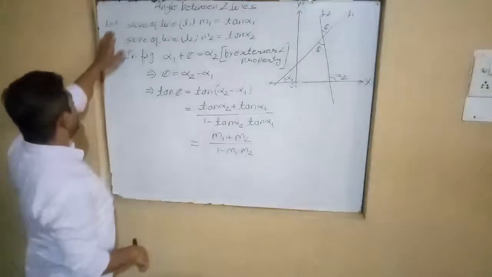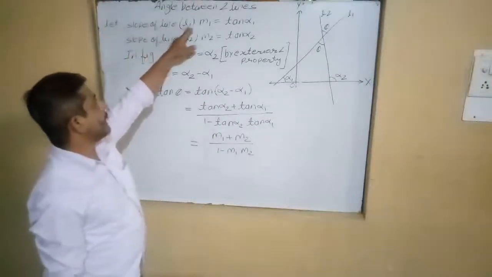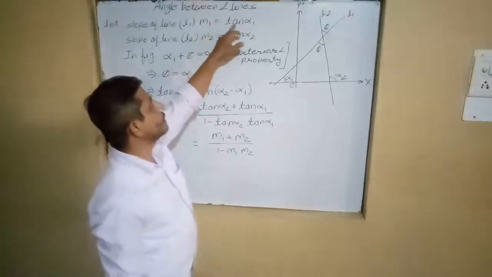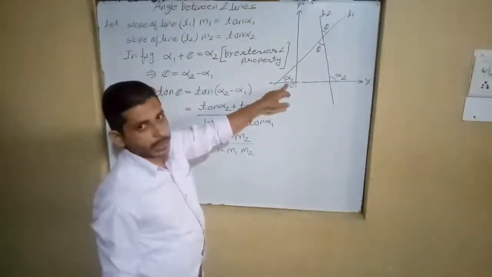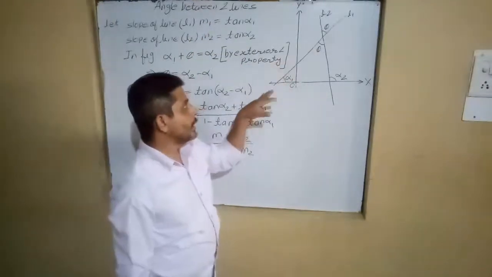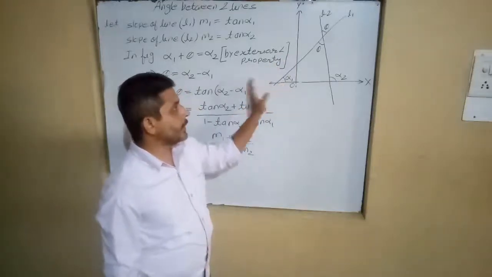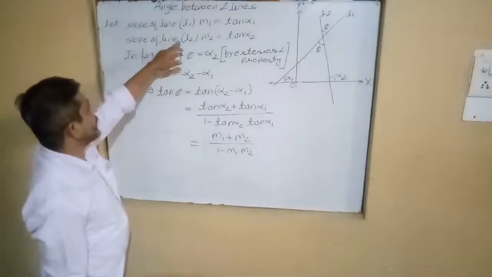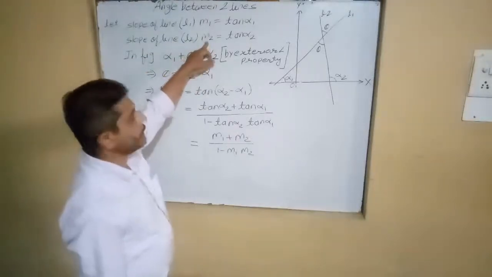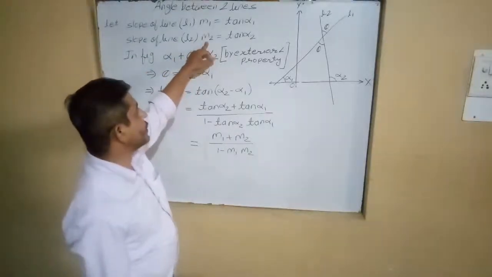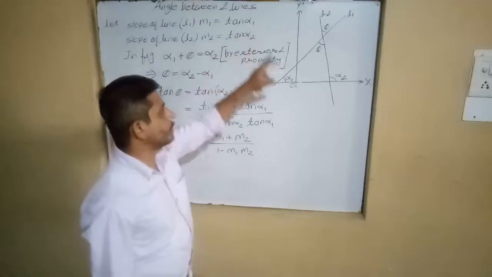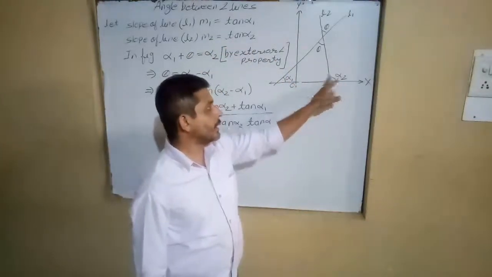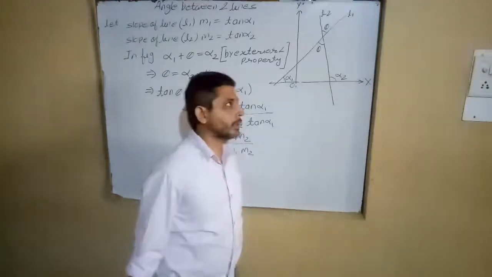Now first we let something. Slope of line L1 we assume as m1 and it will equal tan alpha 1. You can see here the line L1 making alpha 1 angle from the x-axis, and slope of line L2 we assume as m2, and m2 will equal tan alpha 2. Line L2 makes alpha 2 angle with the x-axis.